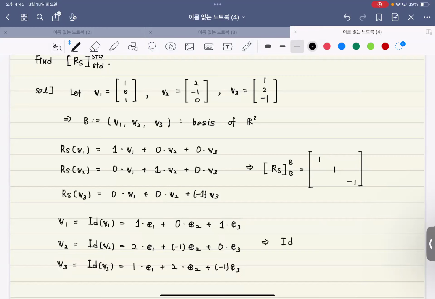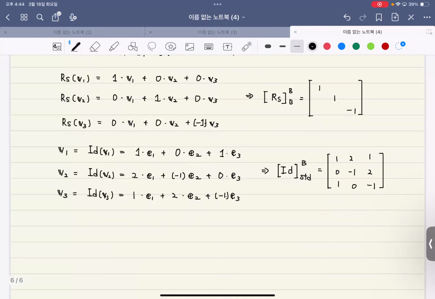So with input basis B and output basis the standard basis, the matrix has columns (1, 0, 1), (2, -1, 0), and (1, 2, -1). And the inverse matrix is simply the inverse of this one.